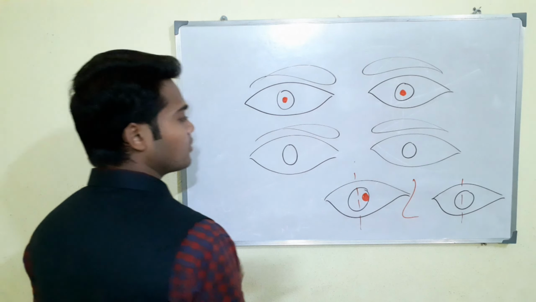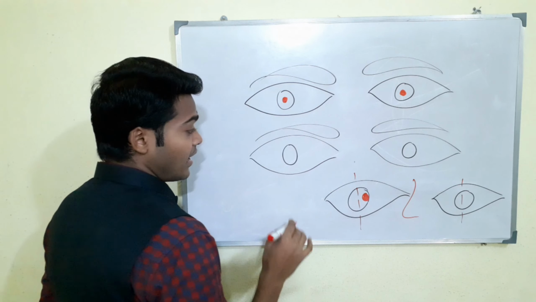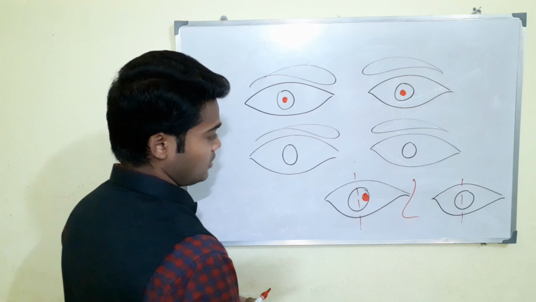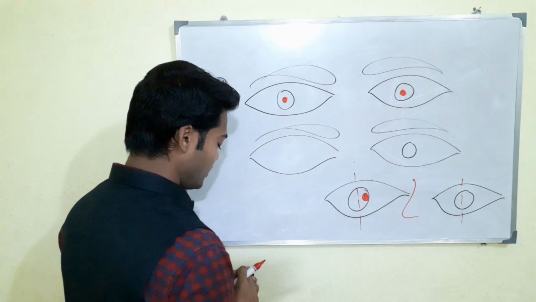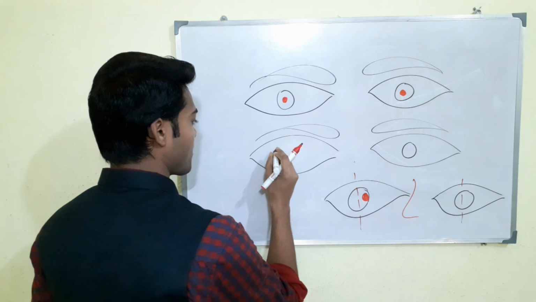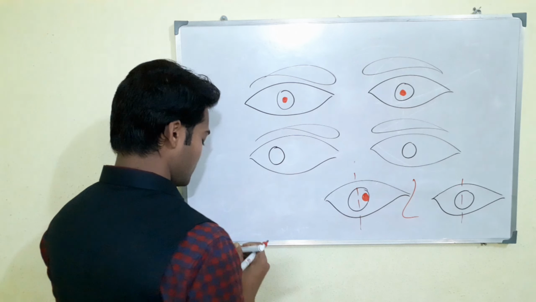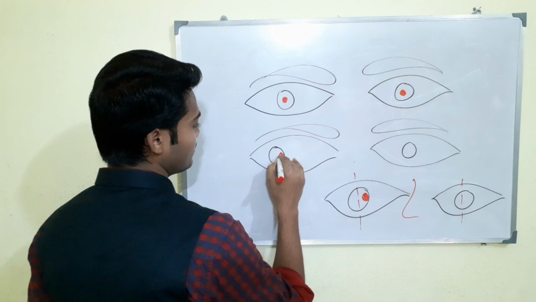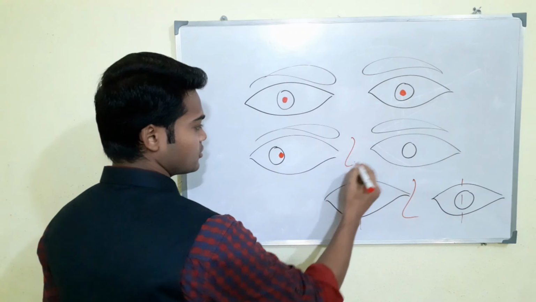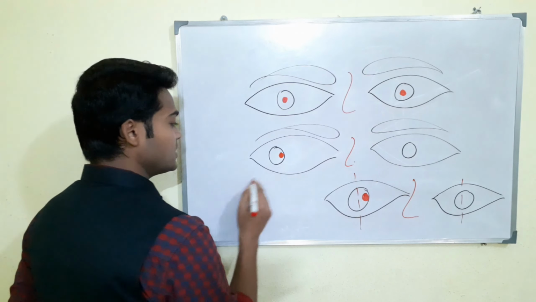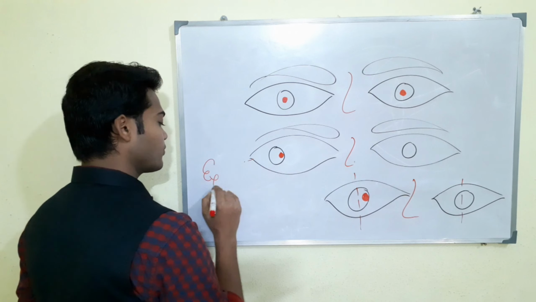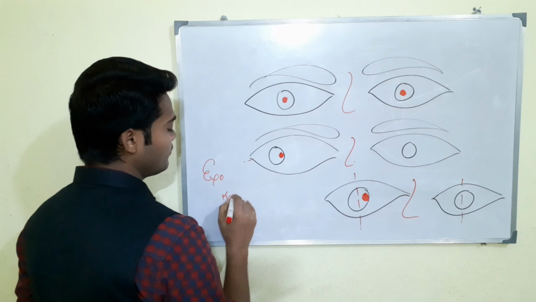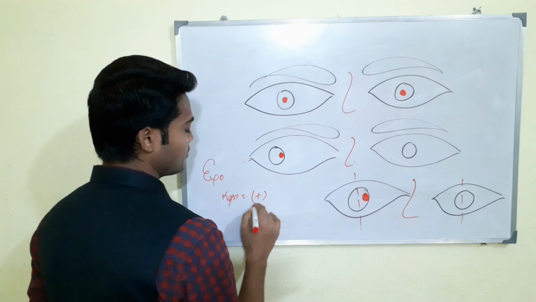What about the second? If the eye is not normal, what will happen? Suppose the case is exo, then the light falls on the nasal side. It means in exo, angle kappa is positive.